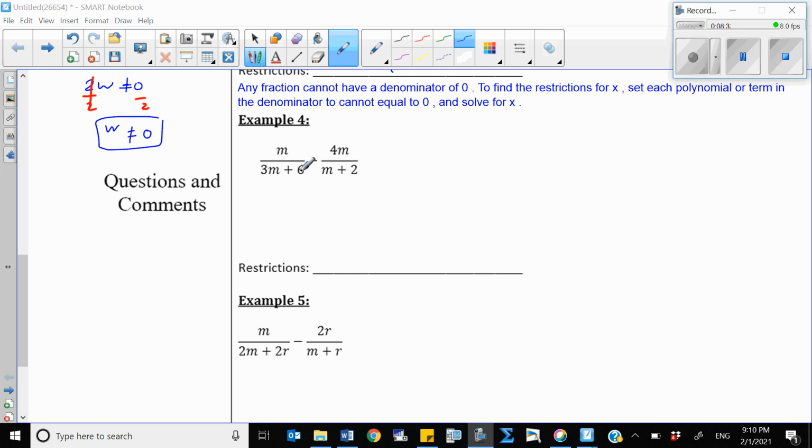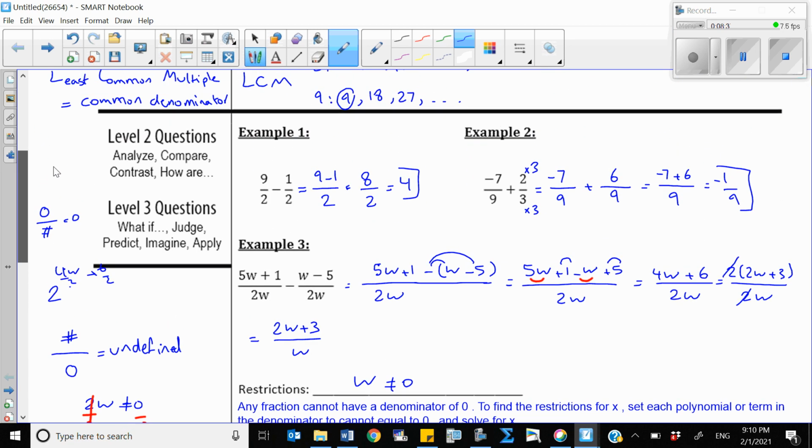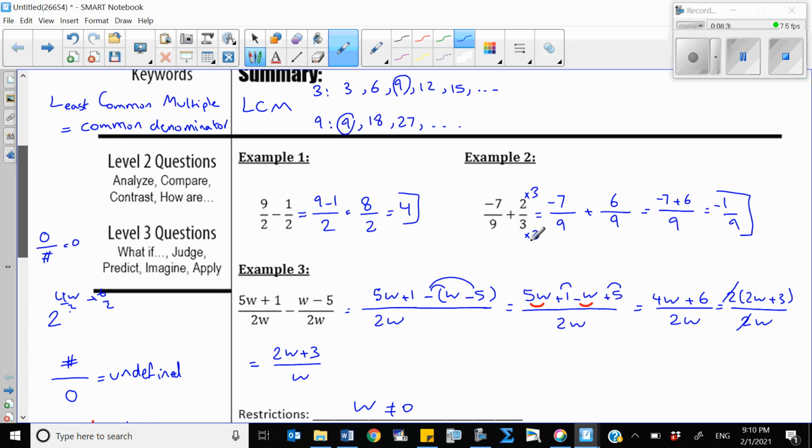Before working on this example, I want to go back to the first example that we worked on, this one. As you notice here, 3 is basically a factor of 9 because 9 is 3 times 3. When we tried to find the least common multiple, or basically our common denominator, 9 was our common denominator.